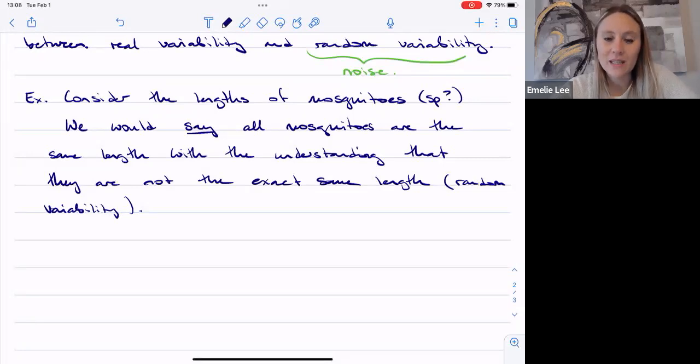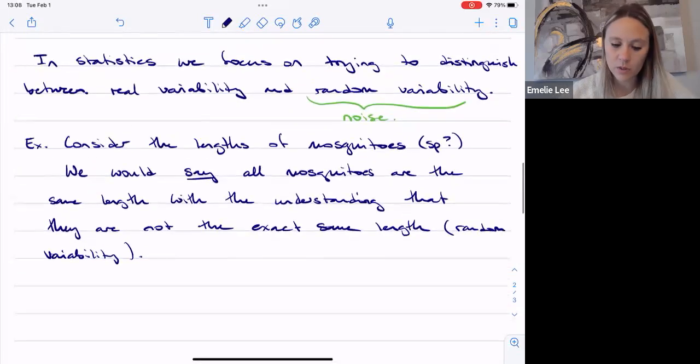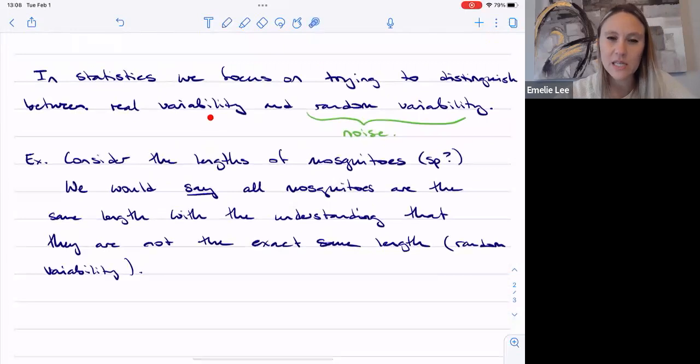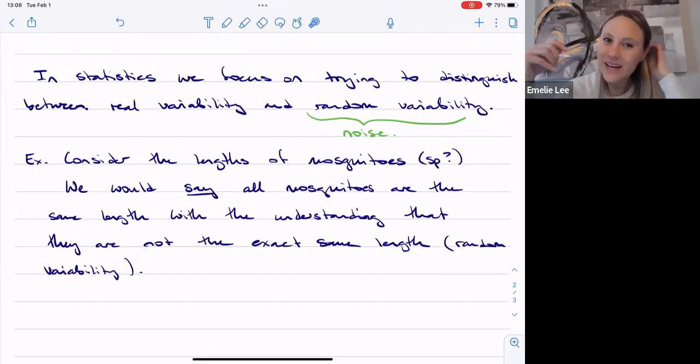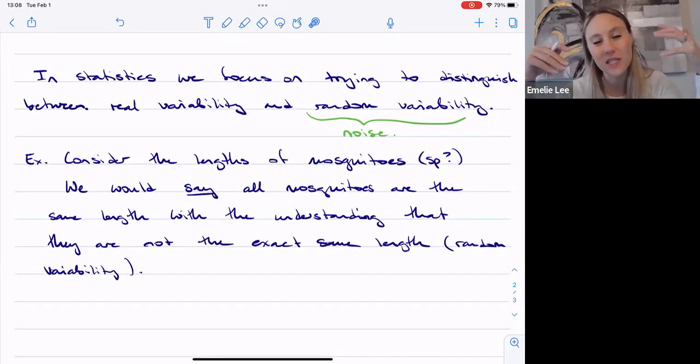So then what would real variability be? Real variability would be if we started to see a bigger fluctuation in the sizes. Is that fluctuation due to just the noise? Are these just random mosquitoes that we haven't seen before? Or is it because we've introduced a new type of mosquito potentially?